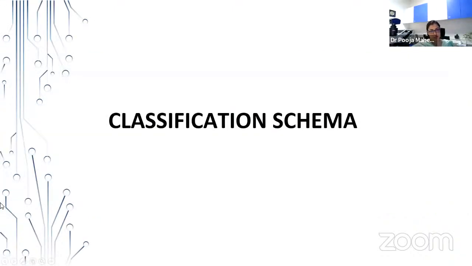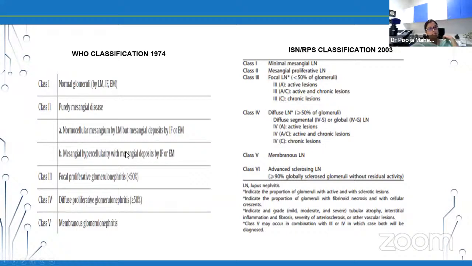So, classification schemas. Firstly, the WHO classification 1974; basically there are 5 or 6 classes in every classification. I will just focus on the ISN/RPS classification 2003 and then the update. Class 1 was minimal mesangial lupus nephritis, 2 was mesangial proliferative, 3 was focal lupus nephritis, and before the recent updates, it was divided into active A, A/C, or chronic C lesions.